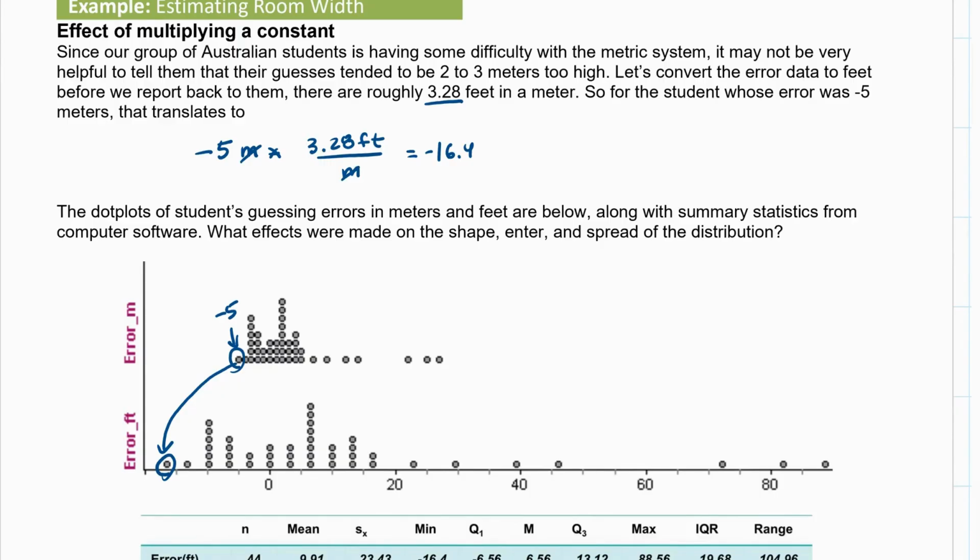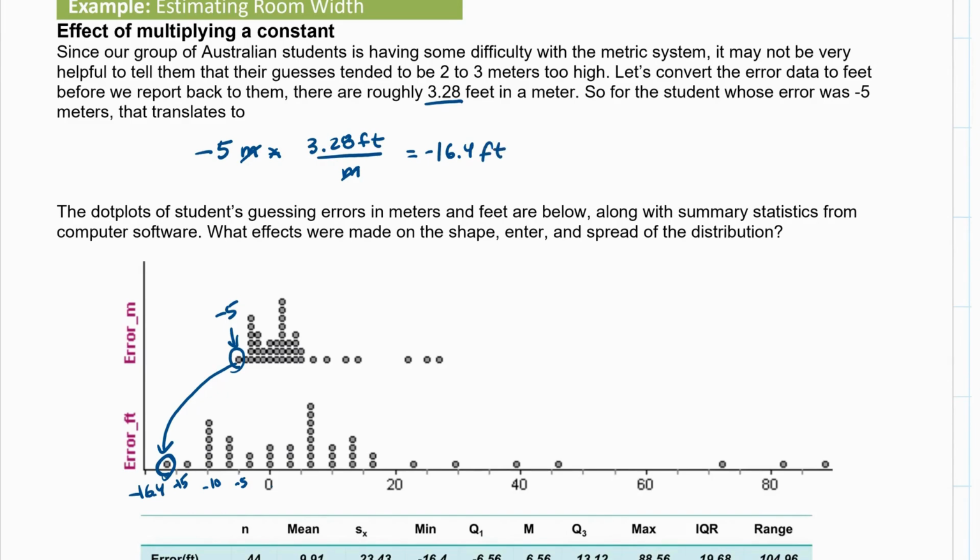That -5 translates into that -16.4. So here's that -5. This is 0, -5, -10, -15, and you can see there that data point, which is then at that -16.4. By the way, it's in feet.